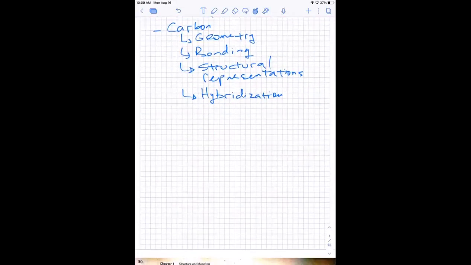Some of it you learned in 232, which is the second part. You either had Dr. Reeves or Dr. Biswas. So let's start out talking about carbon geometry, right?